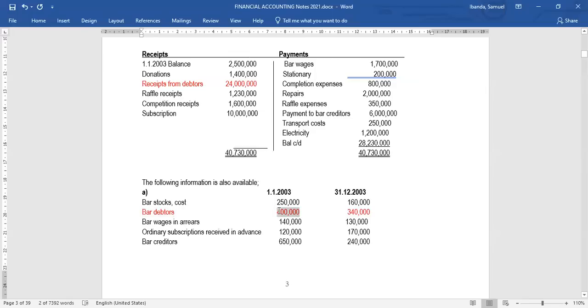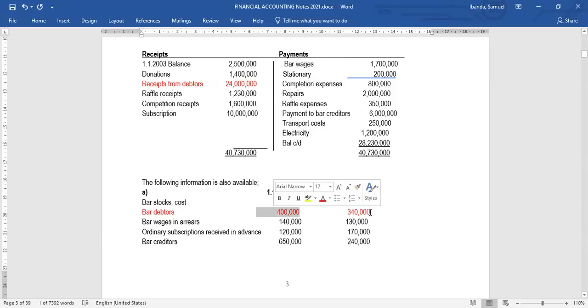So you remove, let's say, the 400,000, okay? And then that would give you partly the sales, partly the amount of money that you received for the sales for the year, because you've removed the debtors that relate to the previous financial year, okay?